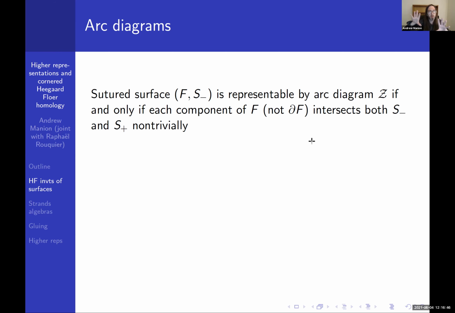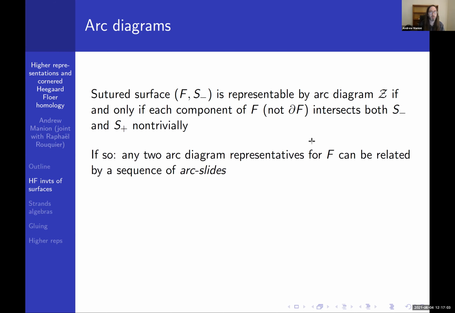But each connected component of F itself must at least have some of its boundary stopped and some unstopped, okay? And then you can represent it by an arc diagram. And conversely, anything represented by an arc diagram satisfies this property, okay?